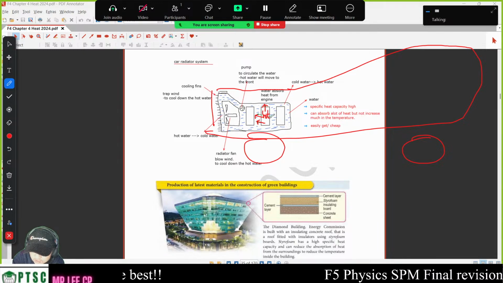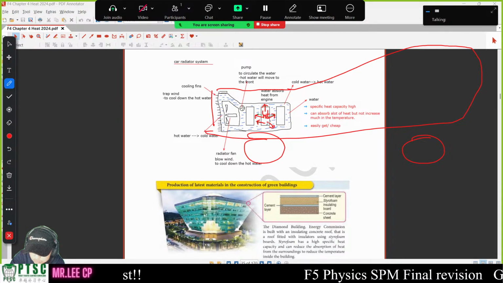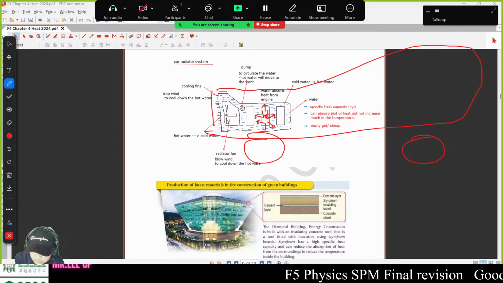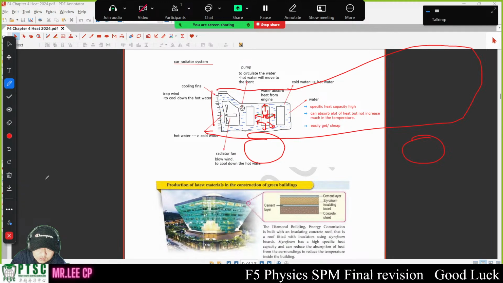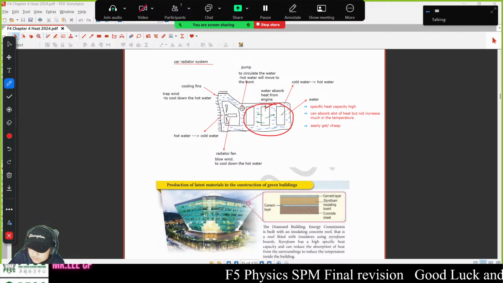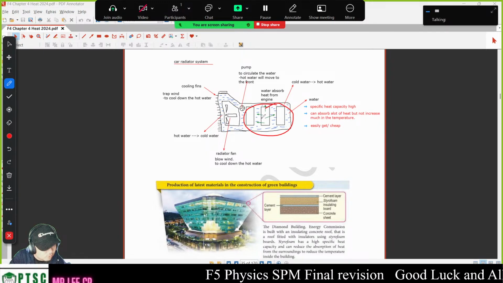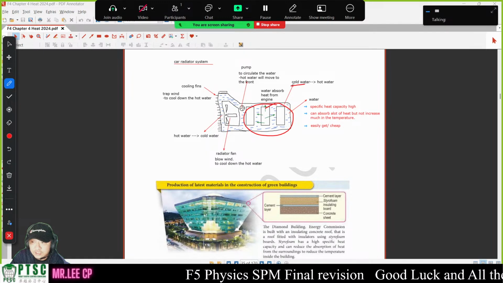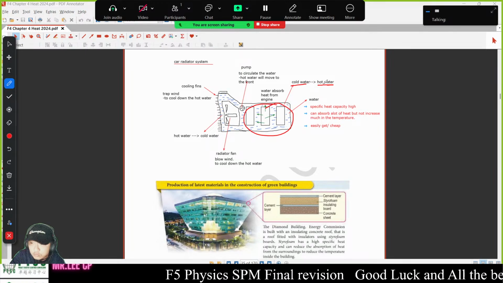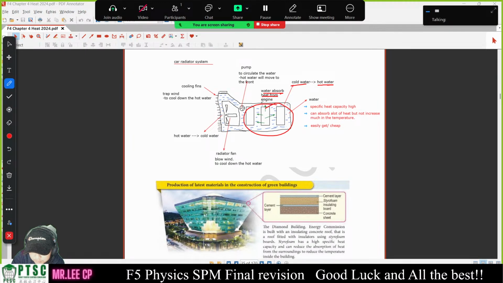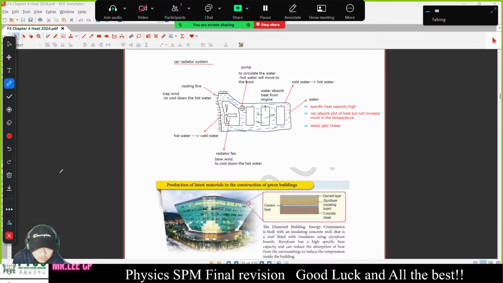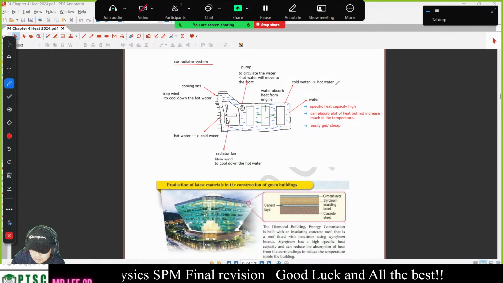The heat will transfer from hot to cold and cold to hot, but the rate going to the water is higher, so it makes the water become hot. At first the water is cold, now the water is hot. So the water absorbs heat from the engine. You need to know that.